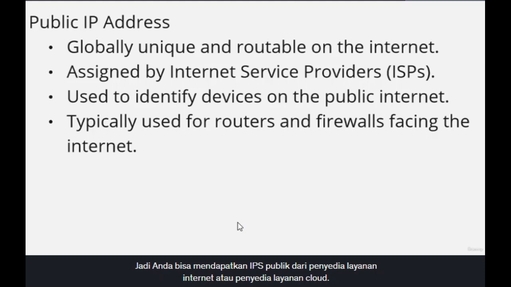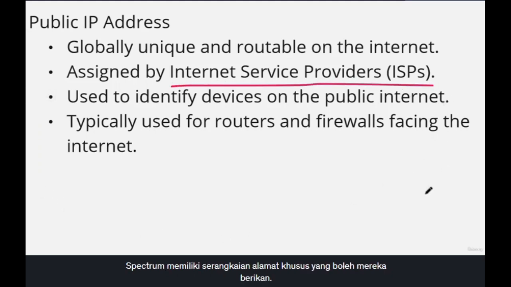So you can get public IPs from internet service providers or cloud service providers. They have to be assigned. There's a limited amount of these addresses. And so, for example, let's say that your internet service provider is Spectrum. Well, if your internet service provider is Spectrum, Spectrum has a specific set of addresses that they are allowed to give out. So you could get a public IP from them. And again, these public IPs make sense on the public internet.